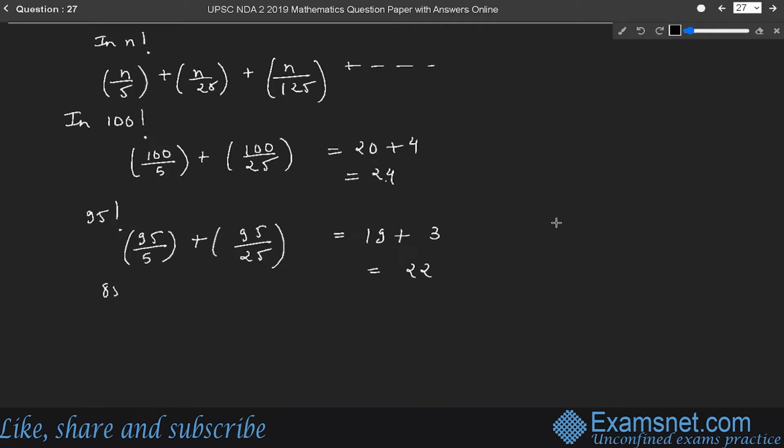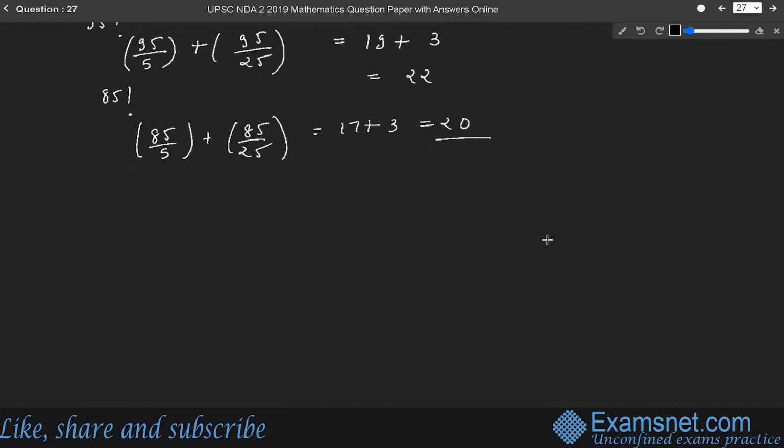Second option is 85 factorial. It will be represented as 85 upon 5 plus 85 upon 25. So it will be 17 plus 3, which is equal to 20. It is also not correct. Now let us look at the third option. Third option is 80 factorial.